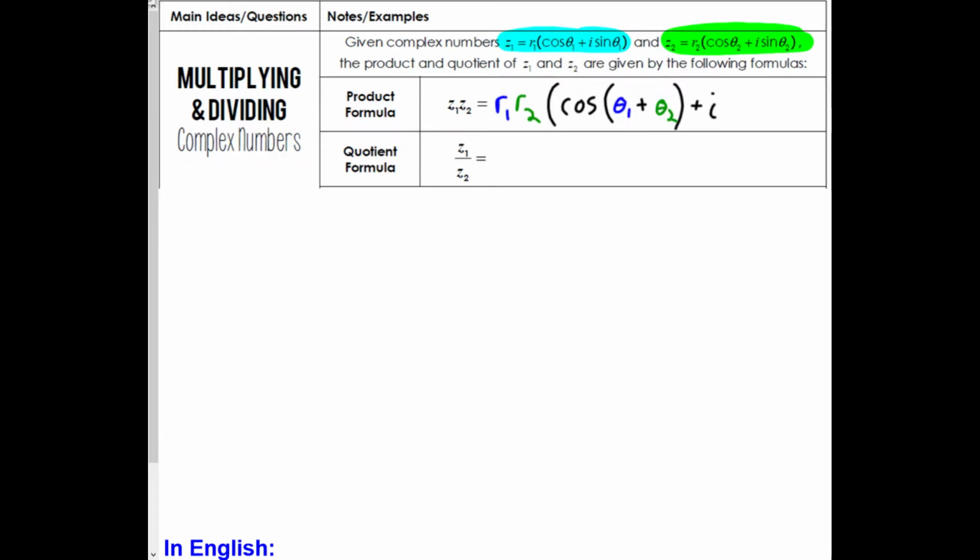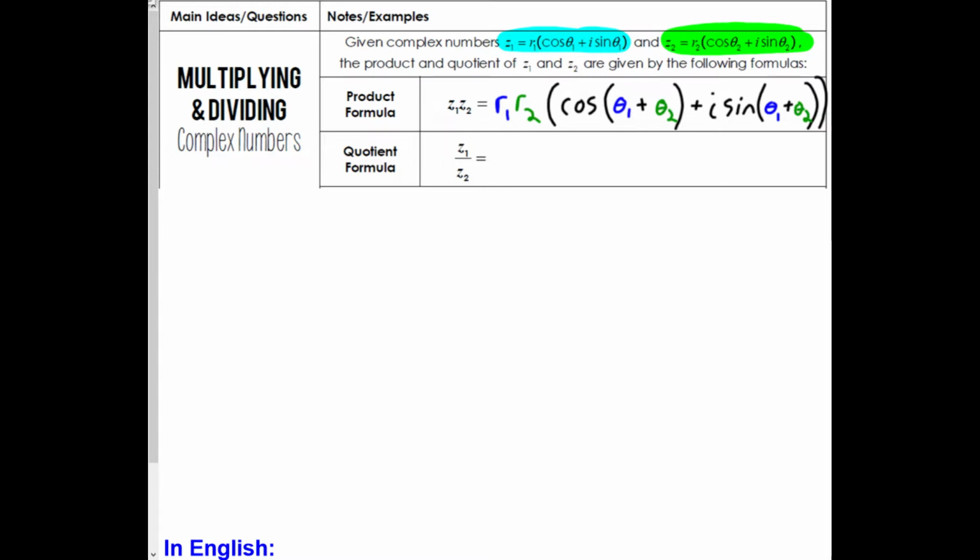So there's still an I hanging out, and then the argument of sine will be theta 1 plus theta 2. So that is how we multiply two complex numbers in polar form. Again, instead of a big FOIL process, it becomes a quick multiplication and a quick addition.